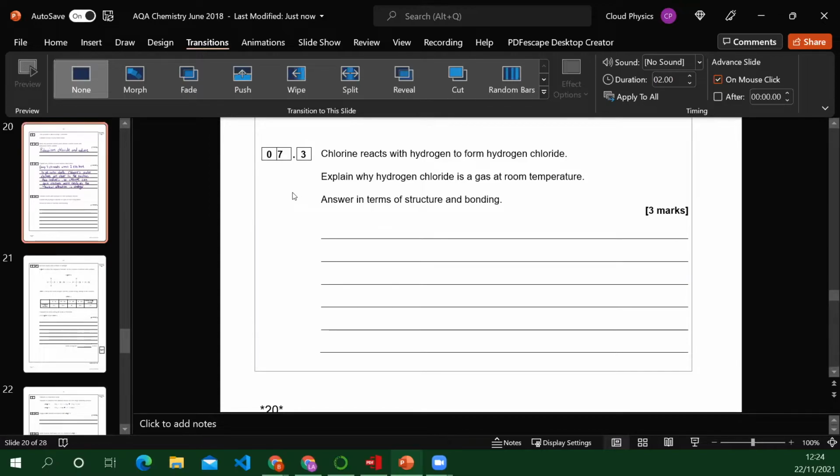Chlorine reacts with hydrogen, so hydrogen chloride. It's HCl. Hydrogen chloride, HCl, is made of simple small molecules. It's not a big structure. When you have hydrochloric acid, it's hydrogen chloride dissolved in water.